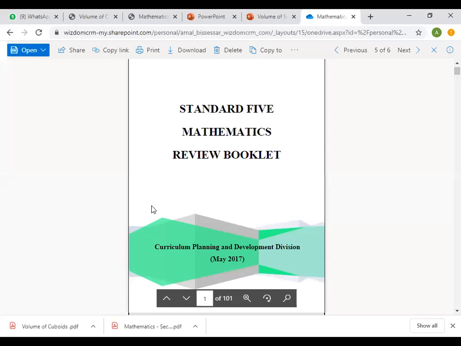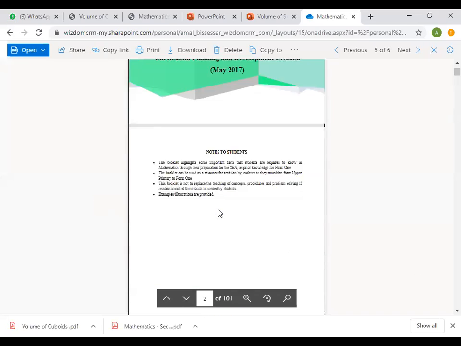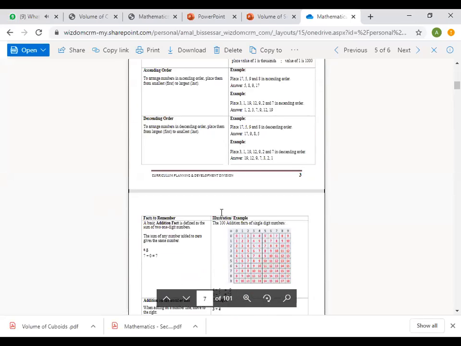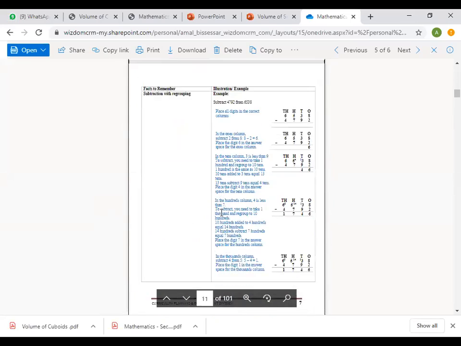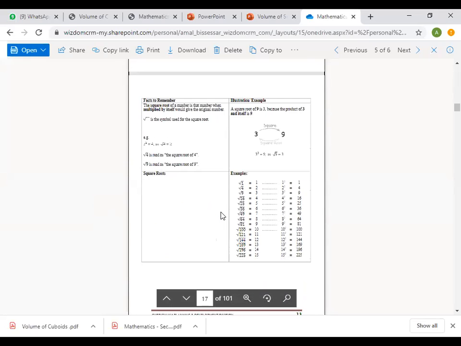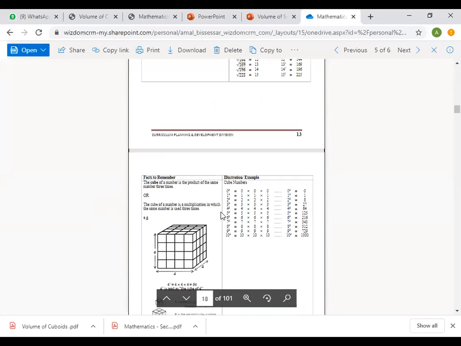If I were to show you your manual for mathematics, right? The manual for mathematics would state on pages, let's see.